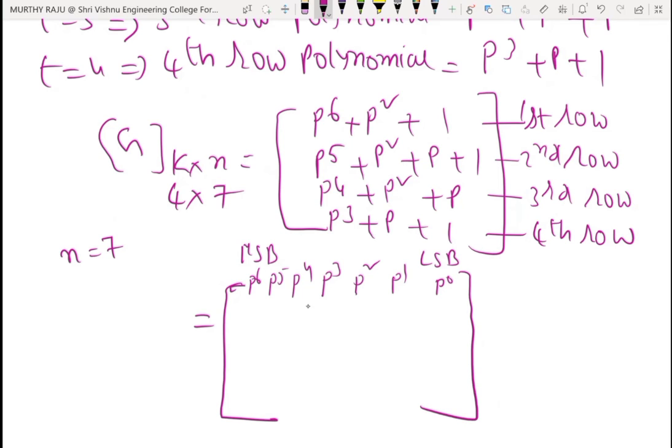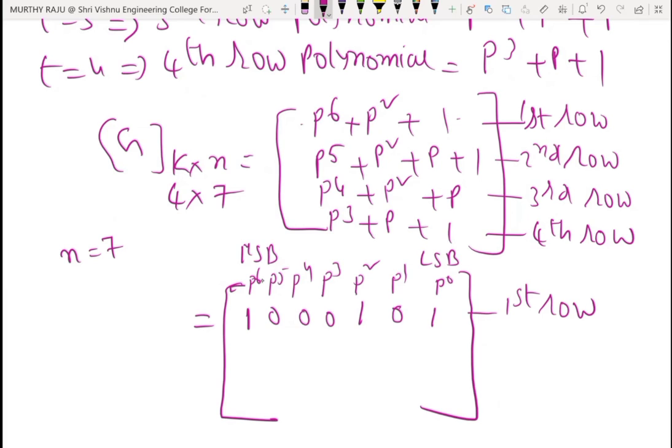In the first row, the p power 6 coefficient is 1. There is no p power 5, that is 0. P power 4 is 0. P cube is also 0. P square is 1. P power 1 is not there, that is 0. The p naught term is 1. This is the first row.